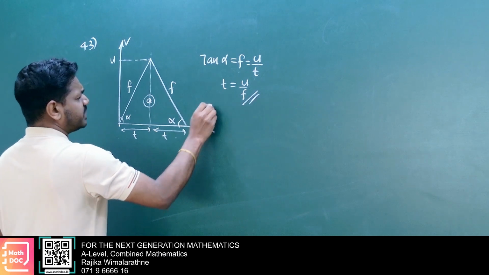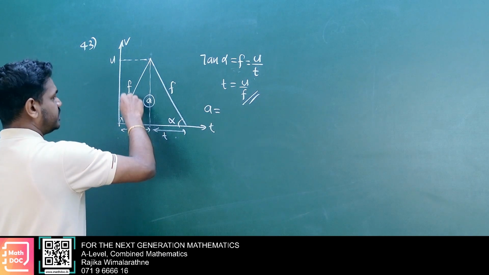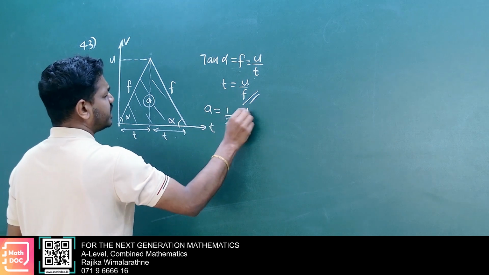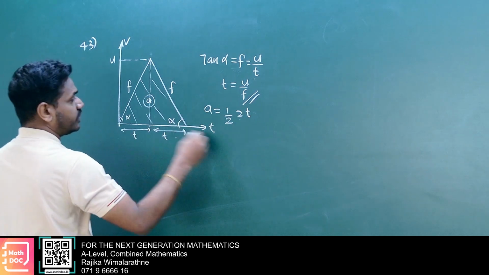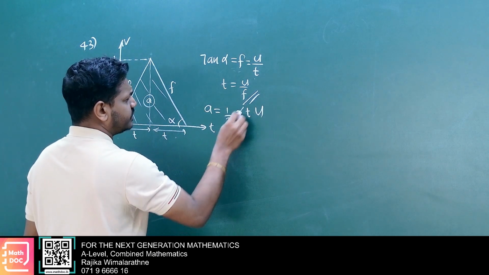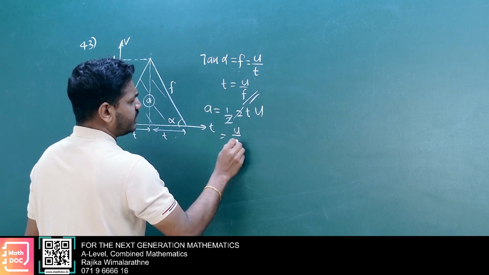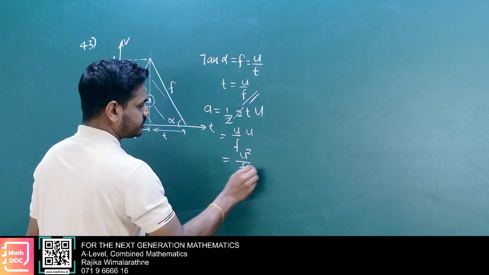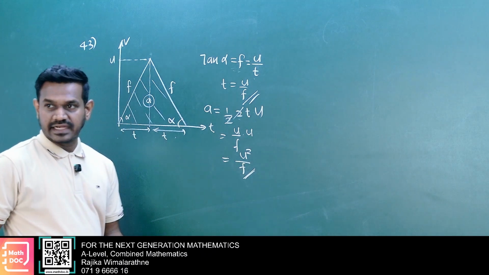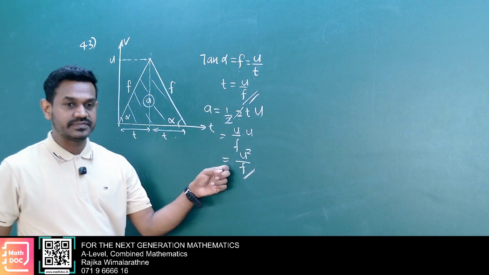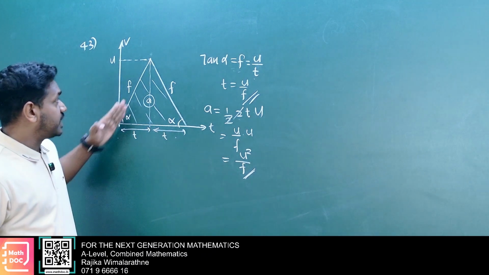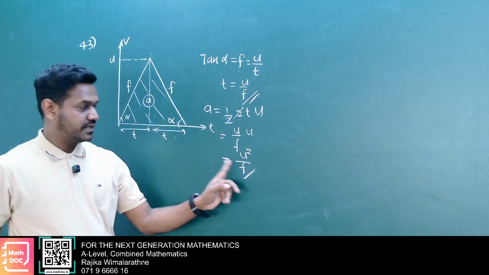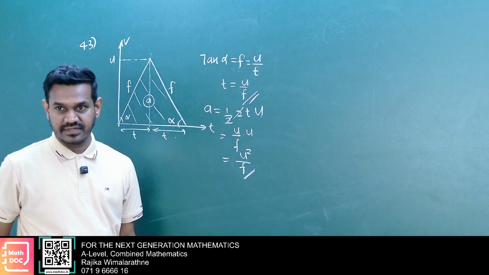Then the displacement a is the area of this triangle, half into 2t into u, no? Then t means u over f, into u, so we get u squared divided by f, no? So in that case, we need u squared over f displacement. Accelerate, reach maximum velocity, then retardation, covering u squared over f displacement.